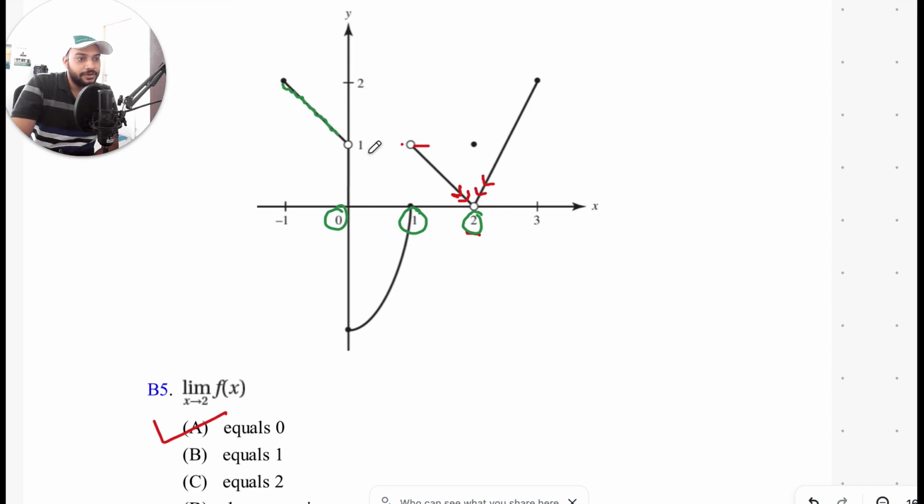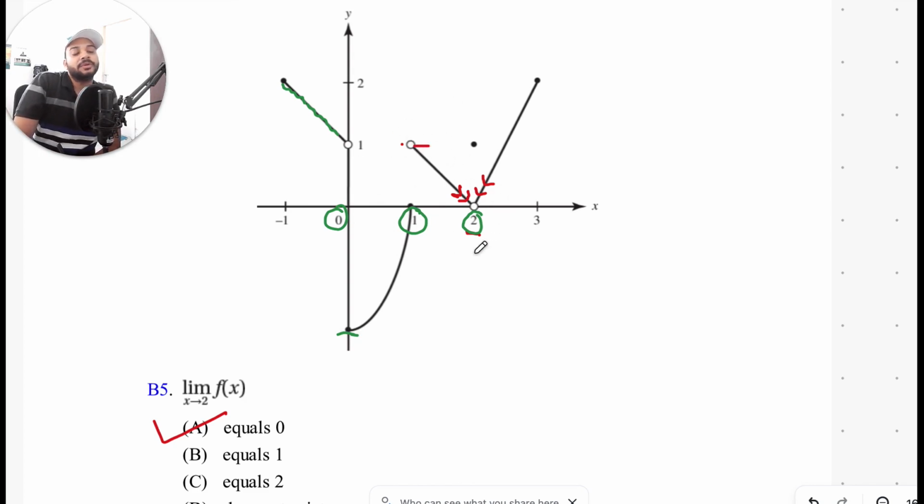At x equal to 0, the value should have been 1, but it suddenly goes down and continues from there. This is not a removable discontinuity, because the function definition has changed entirely. It has not regained the same definition after the point of discontinuity. So this is not removable. At x equal to 1, it's approaching 0 and then suddenly it goes to 1 and continues from there.